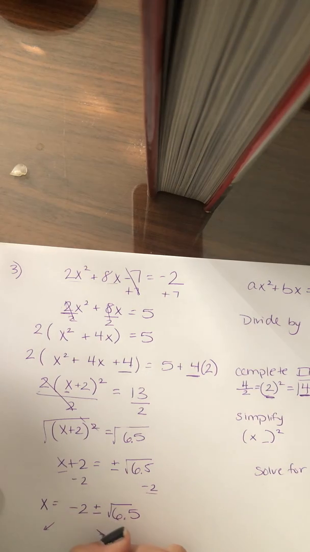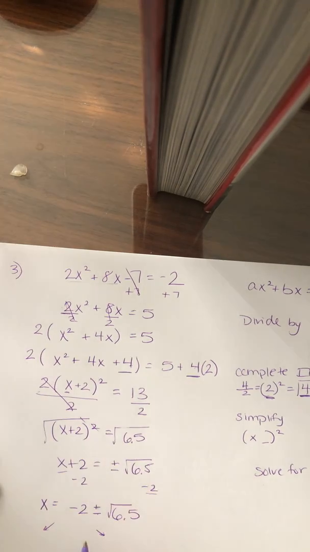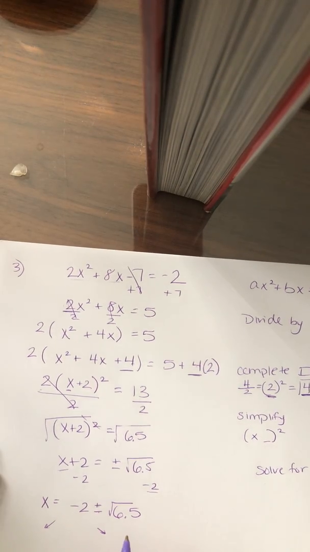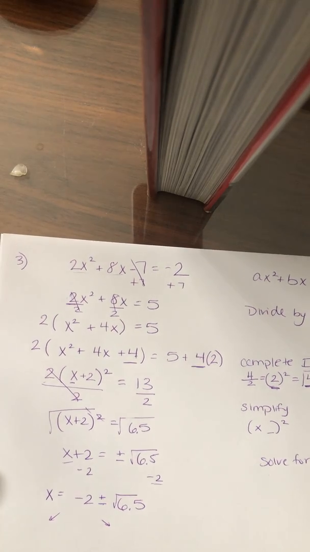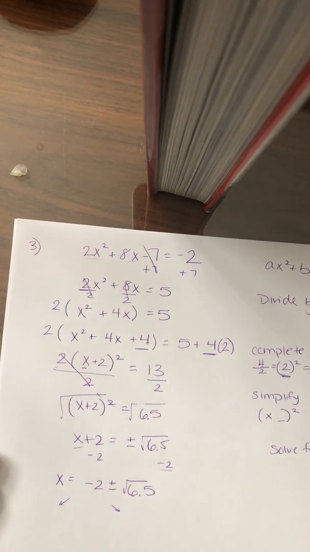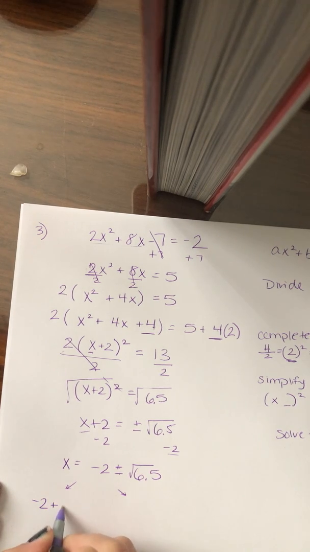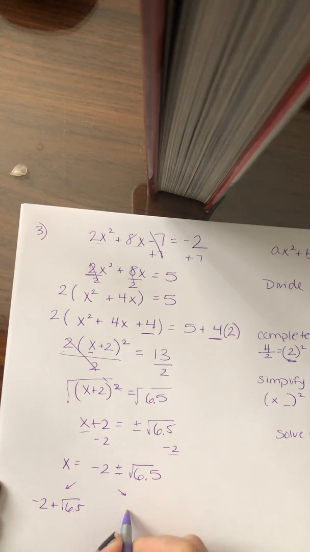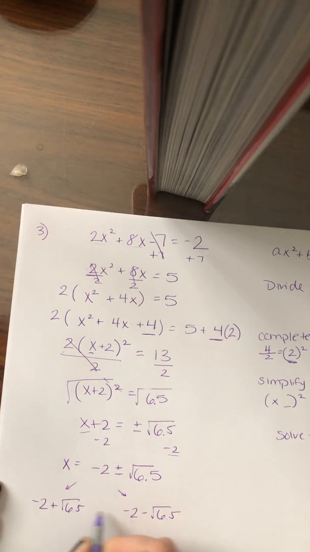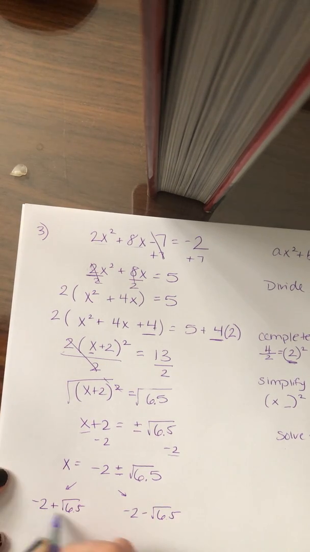And then you can separate these out, right? Because I technically have two solutions here. So I'm just going to move this up a little. So I have -2 plus radical 6.5, and I have -2 minus radical 6.5. And you can leave it like that since this isn't a nice number.